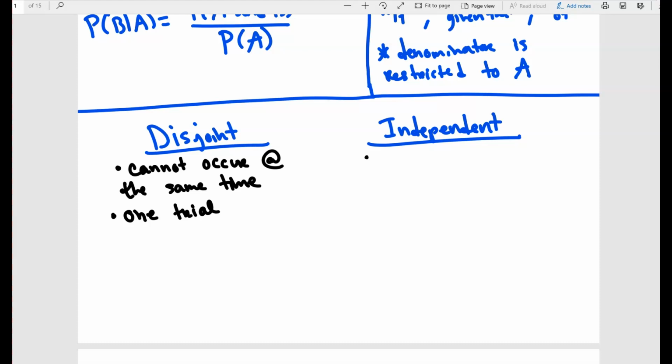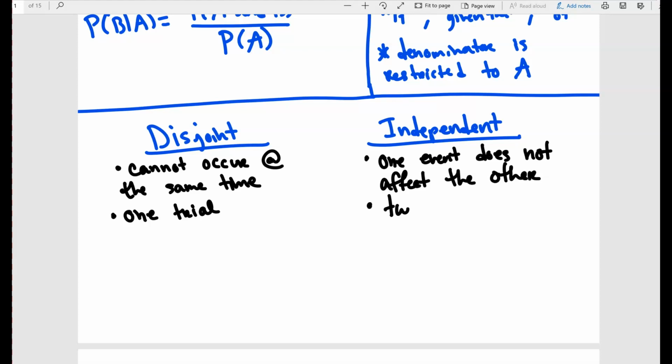Independent events, what they mean is that one event does not affect the other. Okay, so the fact that one thing happened isn't going to affect the other one. And this happens when you have two trials.